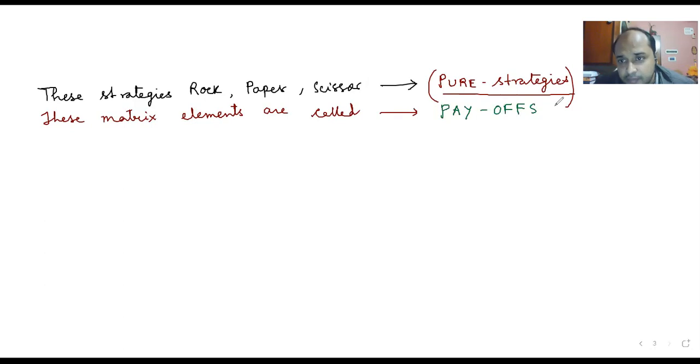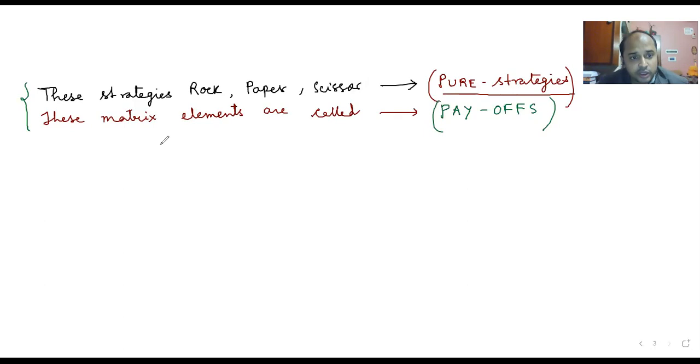This is another term we shall be often using, pure strategies and payoffs. Okay, so you have to keep this in mind also. The matrix elements are called payoffs. These strategies are called pure strategies.